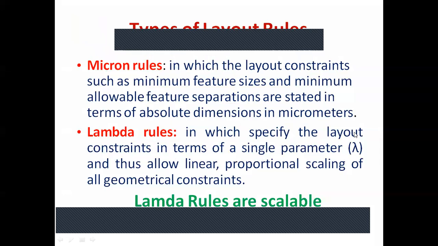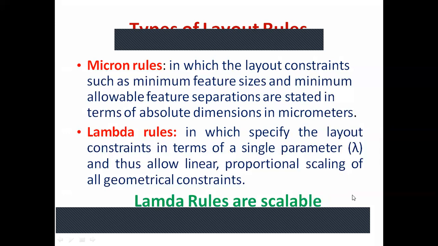In lambda rules, layout constraints are specified in terms of a single parameter, lambda, and thus allow linear and proportional scaling of all geometrical constraints. Therefore, lambda rules are scalable. If we change the value of lambda, it scales.